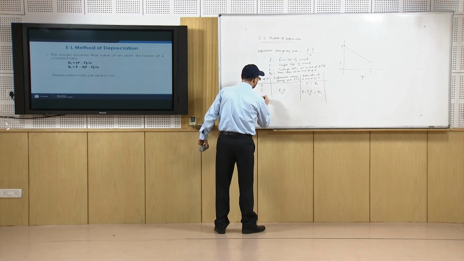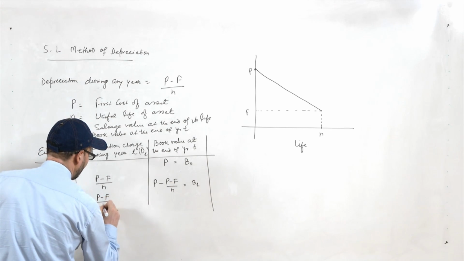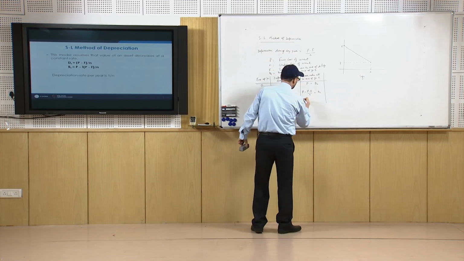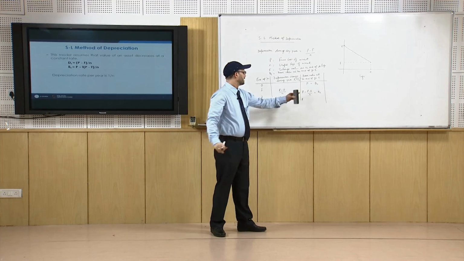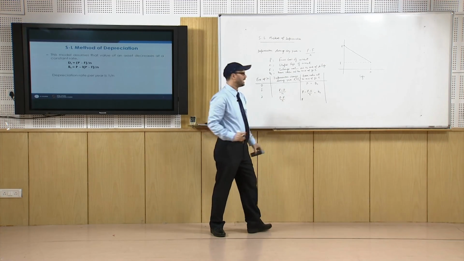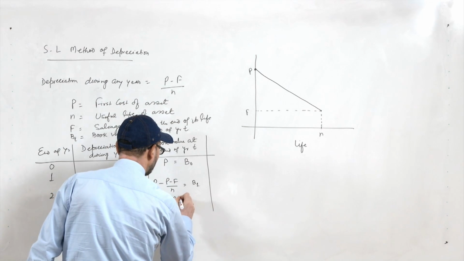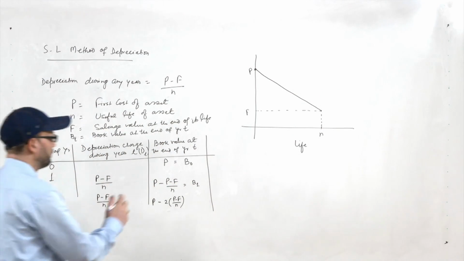Similarly, in the second year again you have (P minus F) upon n as the depreciation. So this time it will be P minus (P minus F) upon n, again minus (P minus F) upon n. So it will be P minus 2 times (P minus F) upon n, and it will be B 2.